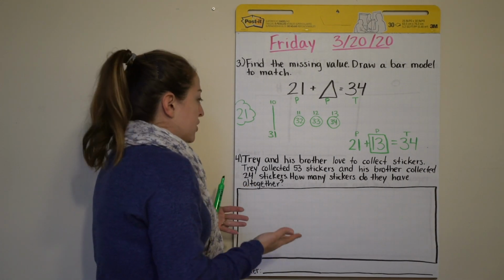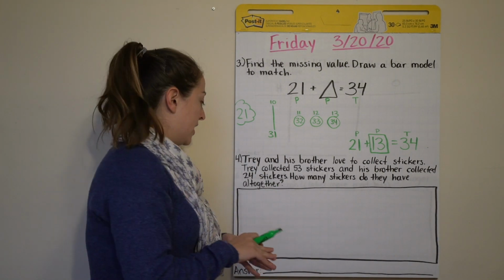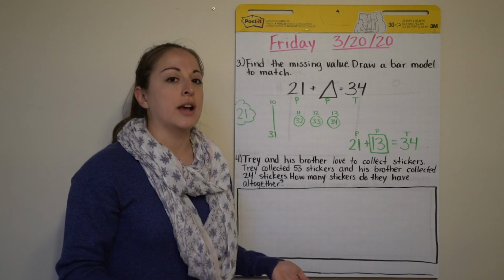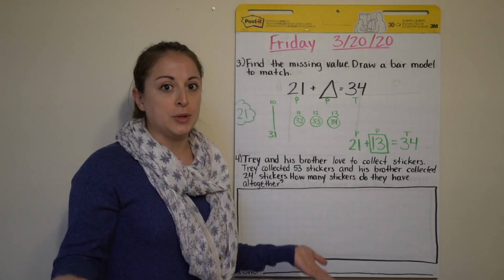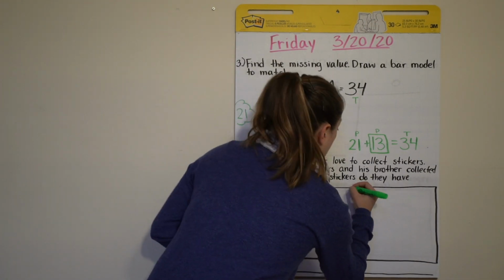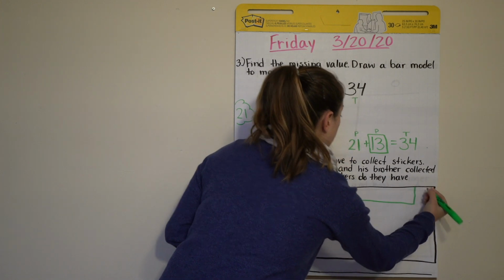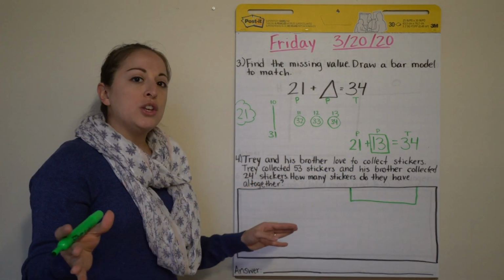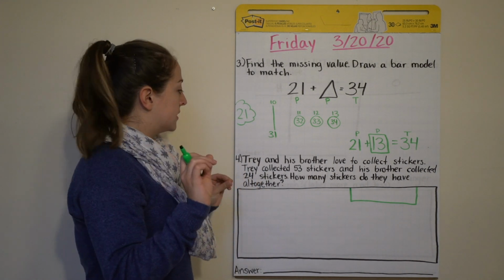So what we want to make sure that we do is we write a number sentence that matches the story, okay? So even though it doesn't say that in the directions, this is a good way to let yourself know what you're going to do in your problem. So I'm going to draw my box here. And I actually want you to write the number sentence on your own, but I'm going to give you a little hint.